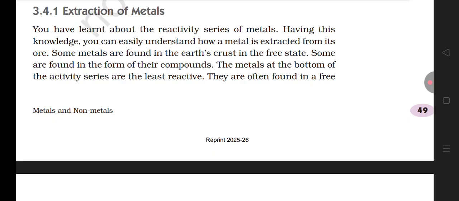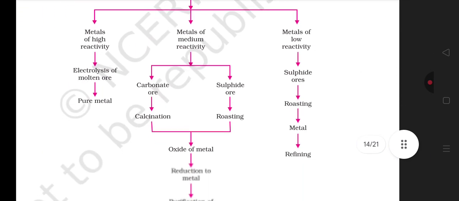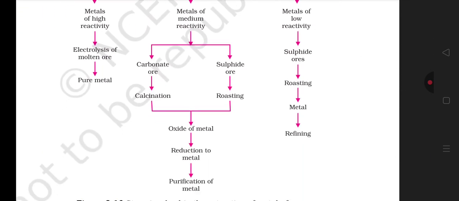We heat the ore in the absence of oxygen. If they are found as sulfide ore, we heat them in the presence of oxygen, that is the roasting process. In both of these processes we get the oxide of the metal, and then a simple reduction removes the oxygen.